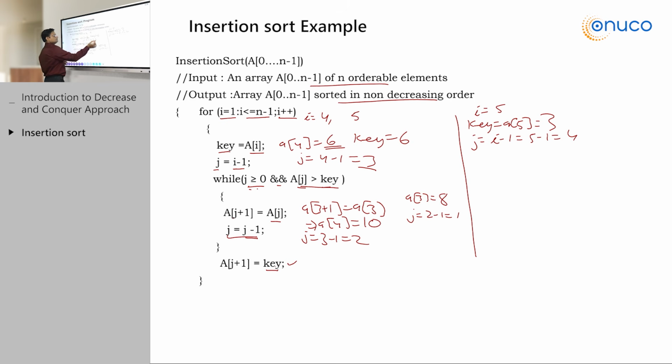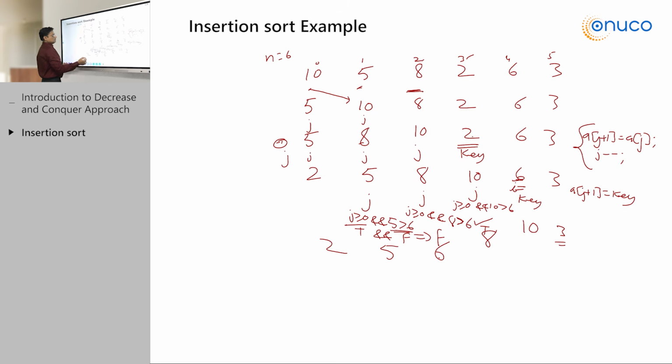Now let us see if j is greater than or equal to 0. Yes, 4 is greater than or equal to 0, and A of j is greater than key. This is the i position, this is the j position. A of j is 10, greater than 3, yes, then 10 has to go to that third place, so 10 has to come here, right?